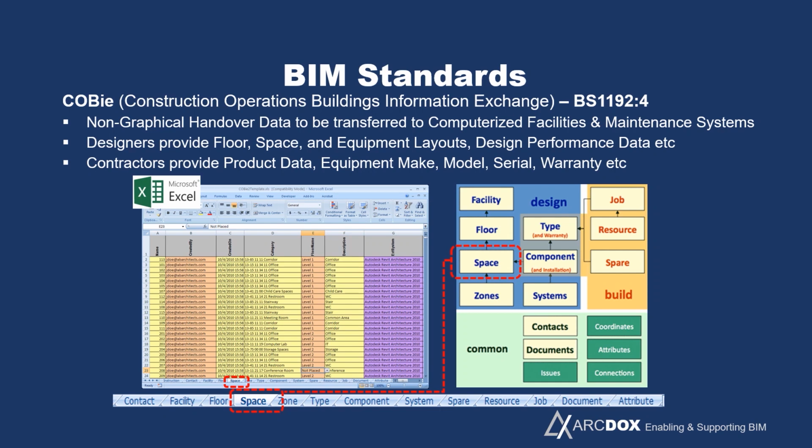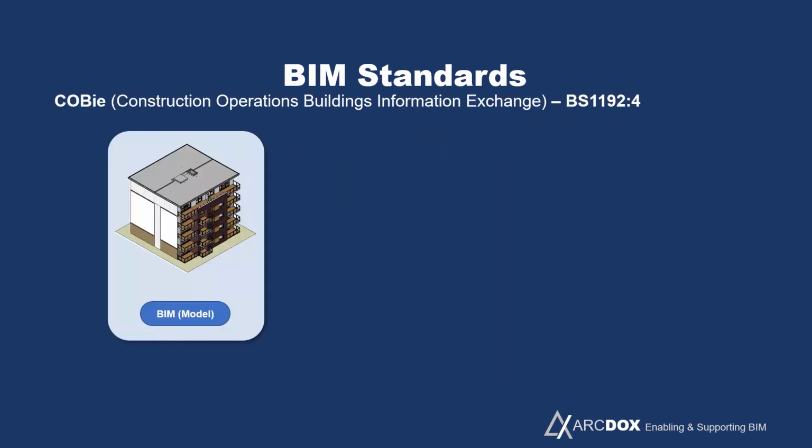So it's just a series of lists in a structured format that can be handed over at the end of construction, and then the operators can take that information and bring it into a computerized facilities or maintenance system without too much retyping of information. That's its purpose. The idea is not that people have to type out those lists.